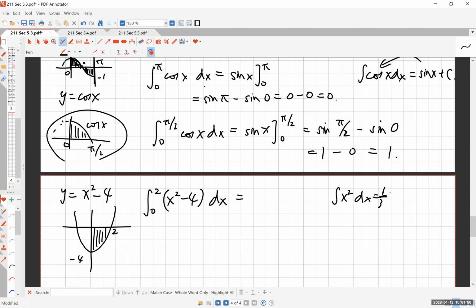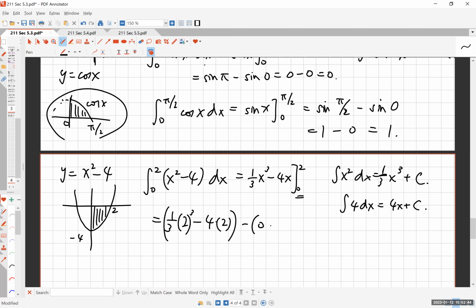So here I have 1/3 times 2 cubed minus 4 times 2. That's the first one. And when you plug in 0, you just get 0 minus 0, so this part is irrelevant. So this is 8/3 minus 8. That's 8 minus 24 over 3, which is -16 over 3.